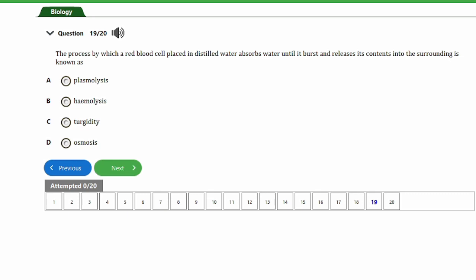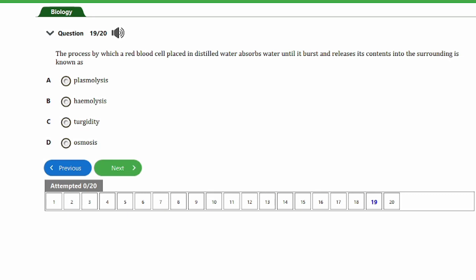Hemolysis is the process by which the red blood cells get stiff after receiving so much water, and they have to burst and release their contents into the surrounding. So that situation is known as hemolysis.